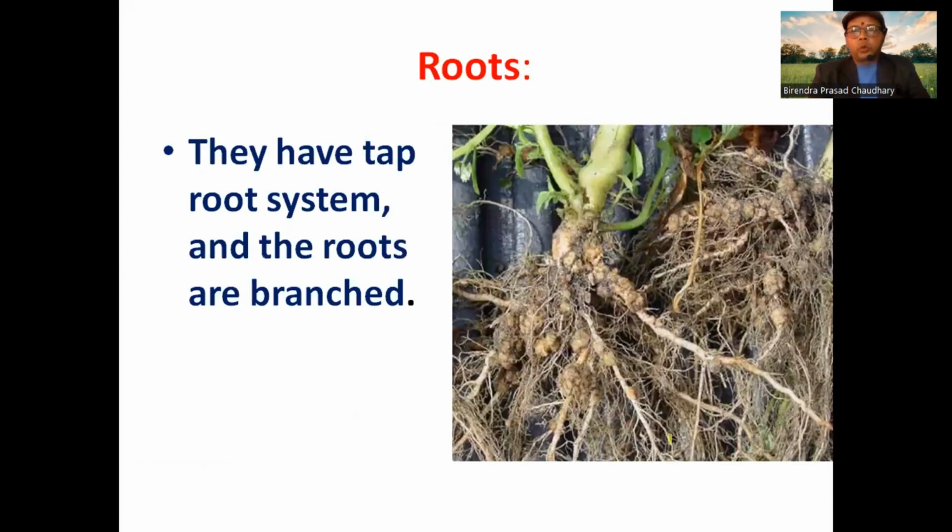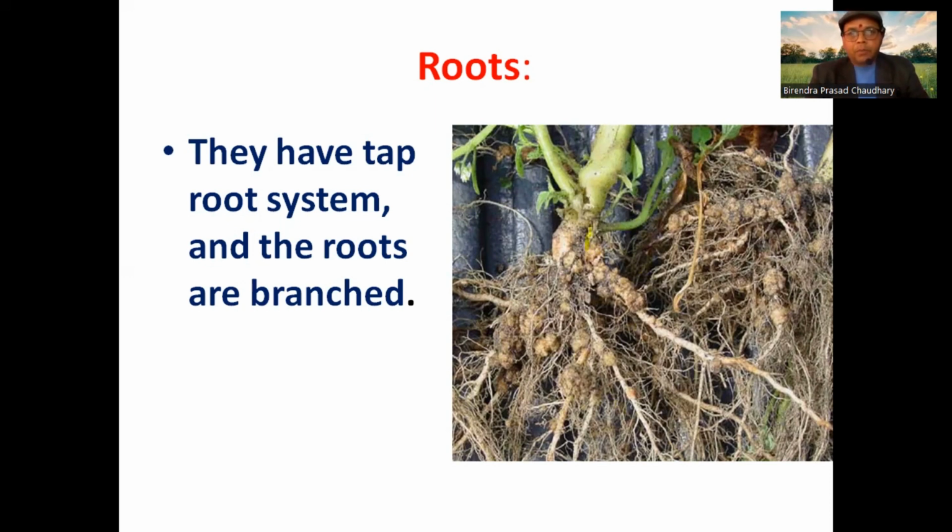Next thing is the roots. As these are dicotyledon plants, as in the previous video on the family Brassicaceae that we also treated, the taproot system is found. Here also they have the taproot system and the roots are branched. Generally, here the secondary and tertiary roots are developed like this.